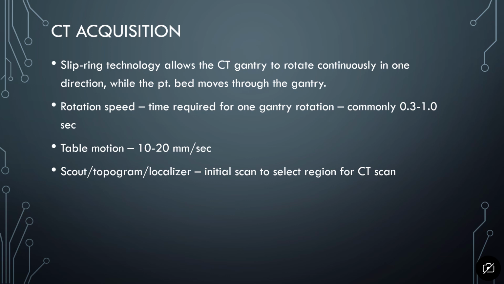The gantry would make one rotation, and then the electronics and the wiring would get caught up, and it would have to unwind and start over again. That wasn't very beneficial when you're trying to do any kind of bolus tracking or angiography studies. So the slip ring allows it to continuously move in a loop without having to stop, rewind itself and start over. That's really great for that.